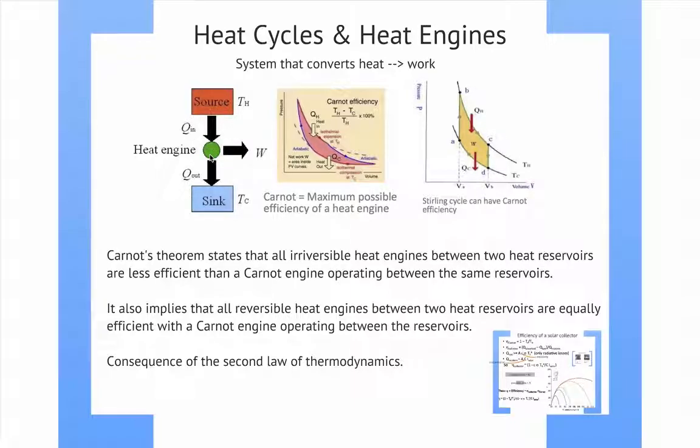That's our heat engine. Q in is the input, and this engine then does work, represented by W. But in addition to doing work, it can also lose heat, Q out, to a sink at the cold part of the system, which is at a lower temperature Tc. The Carnot efficiency we saw before defines the maximum possible efficiency of a heat engine.